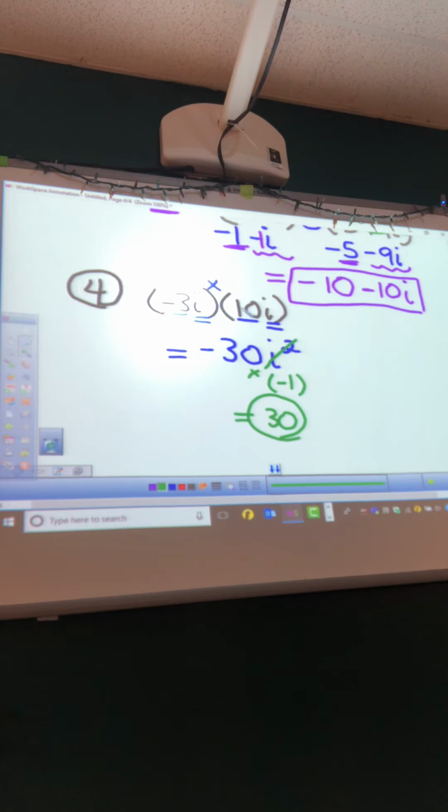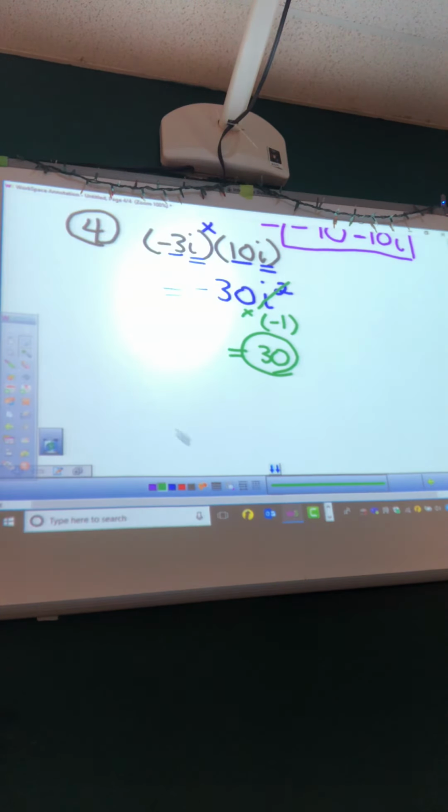Negative 3 times 10 is negative 30. i times i is i squared. That's one of our rules. i squared equals negative 1. Negative 1 times negative 30 is a positive 30. Still with me? Yep. I see a couple nodding of heads.